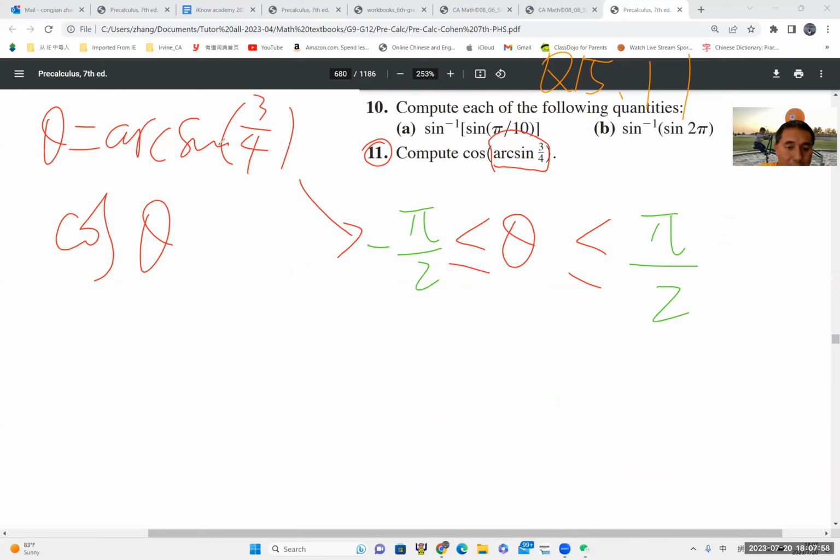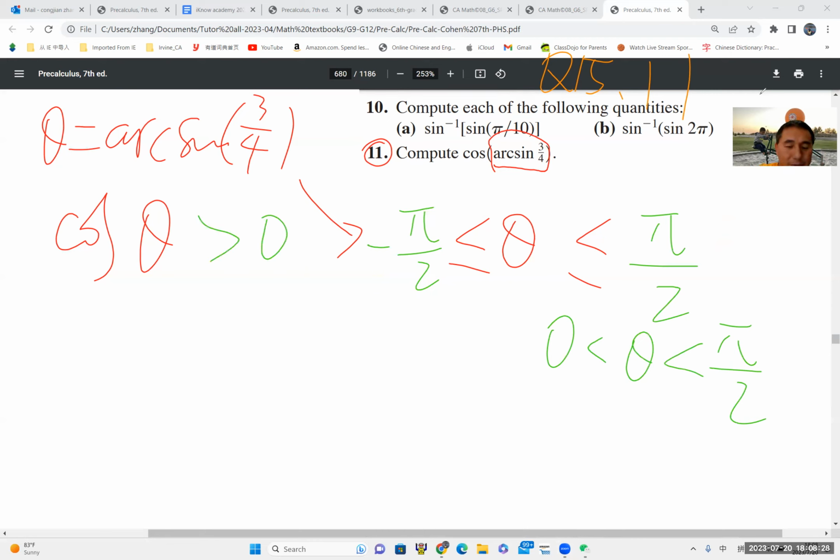But as this is 3/4, it means it's positive. So theta should be greater than 0 but less than half pi, which means it's an acute angle. If so, of course cosine theta is greater than 0.